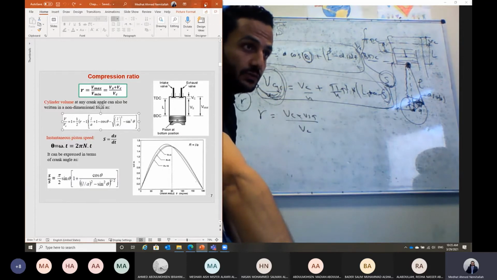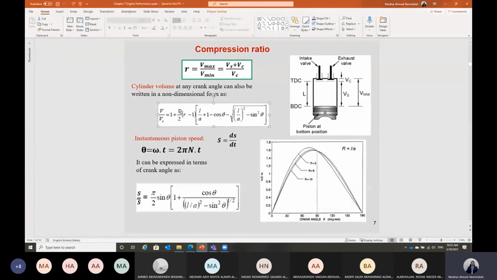So you can go through this relation, substitute the distance S and divide by the clearance volume, then you get the cylinder volume at any angle theta.